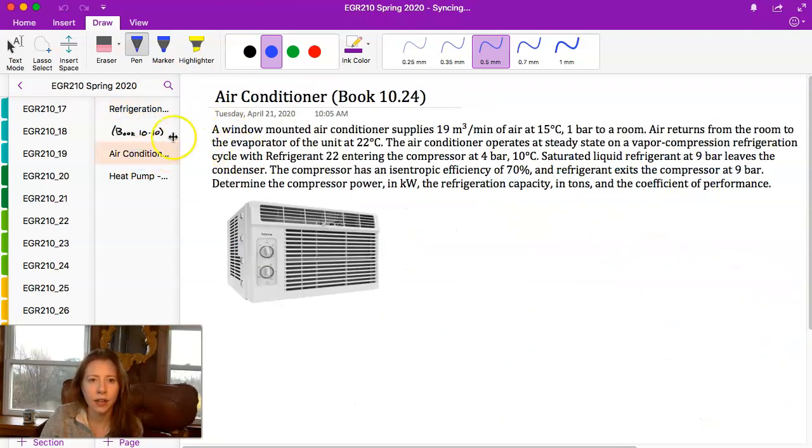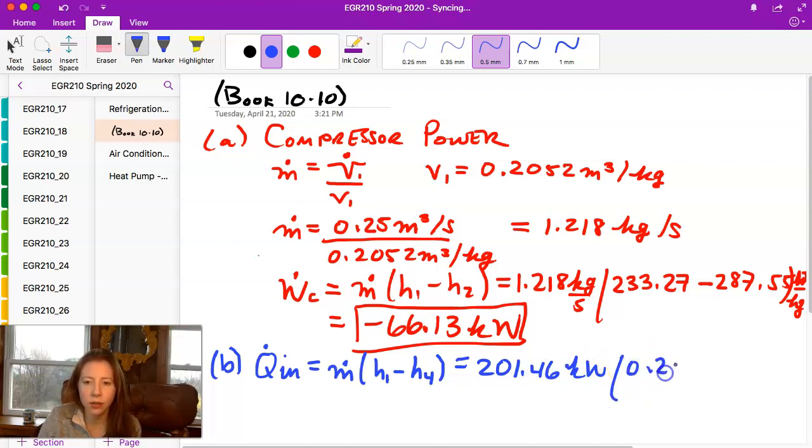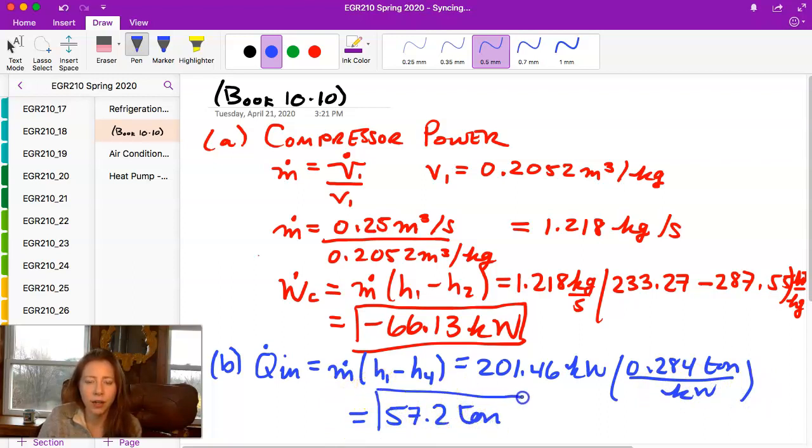That's how we get the refrigerating capacity, which is going to give us 201.46 kilowatts. And we were asked to convert it to tons. So there's 0.284 tons per kilowatt. And so we get 57.2 tons is the refrigerating capacity.